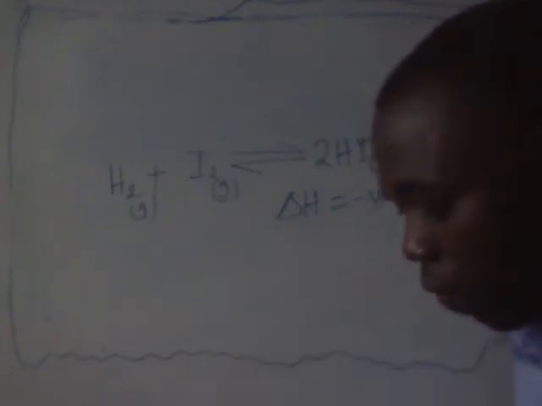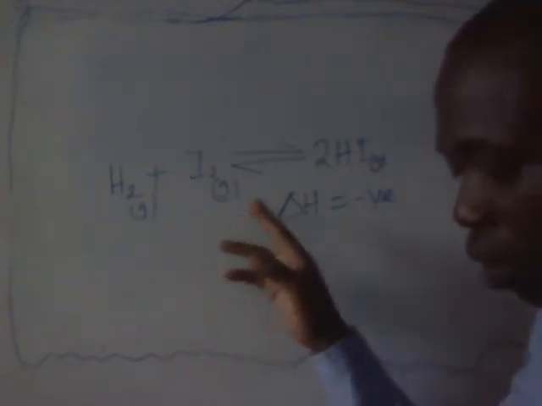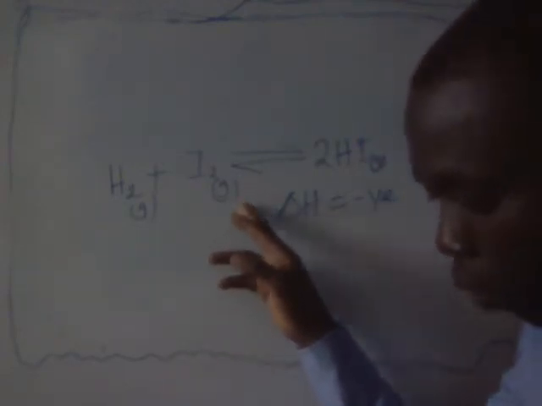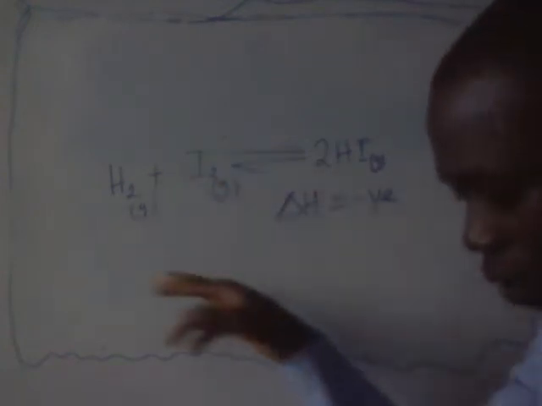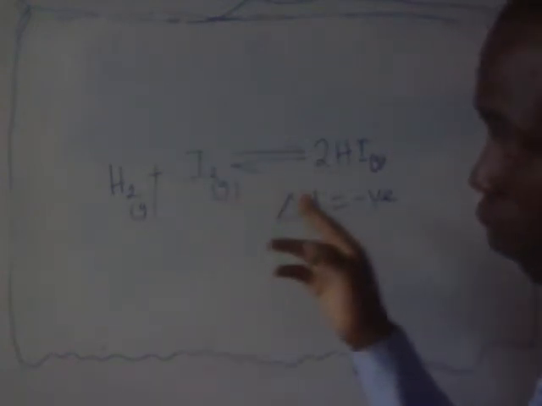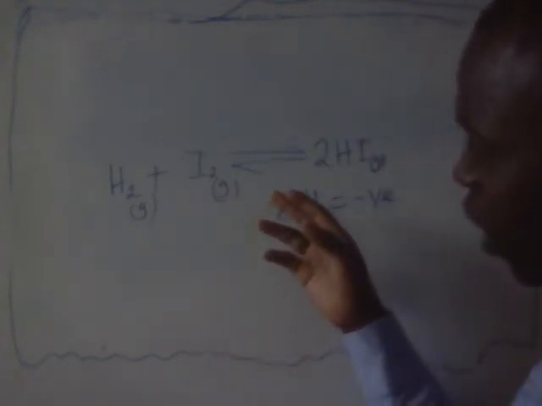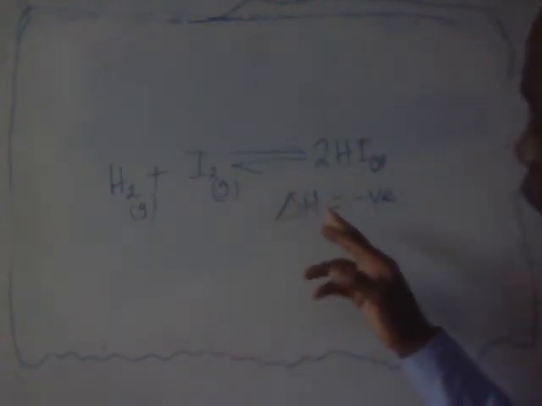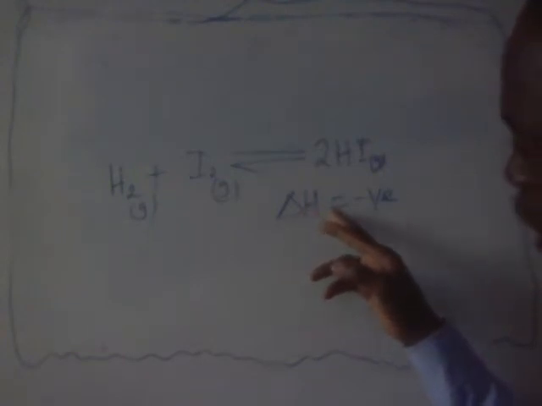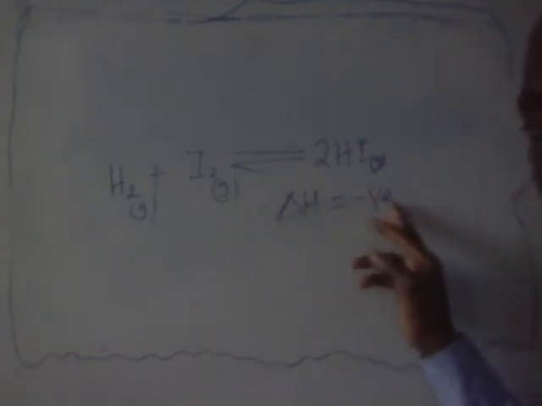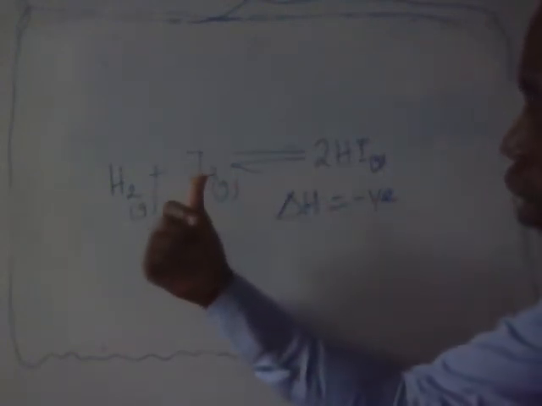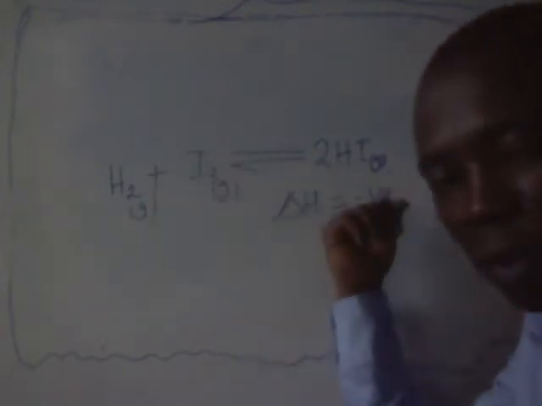They said, which of the following takes place when the temperature of the reaction vessel is decreased? As in, what happens when the temperature is decreased based on this particular chemical equation? Another important thing about delta H is that when it is negative, a decrease in temperature favors the forward reaction.